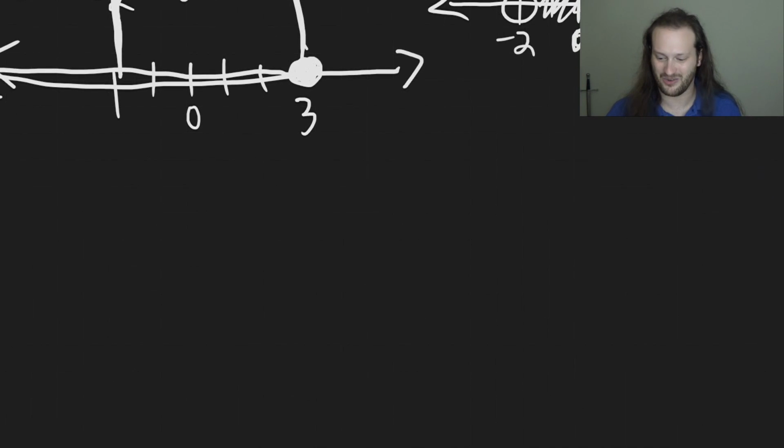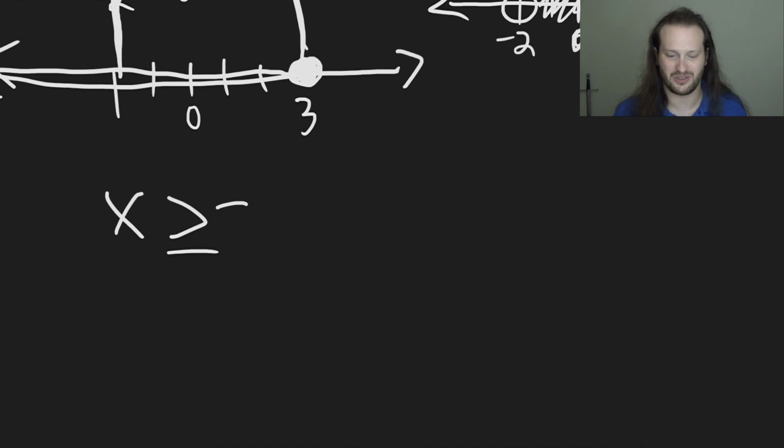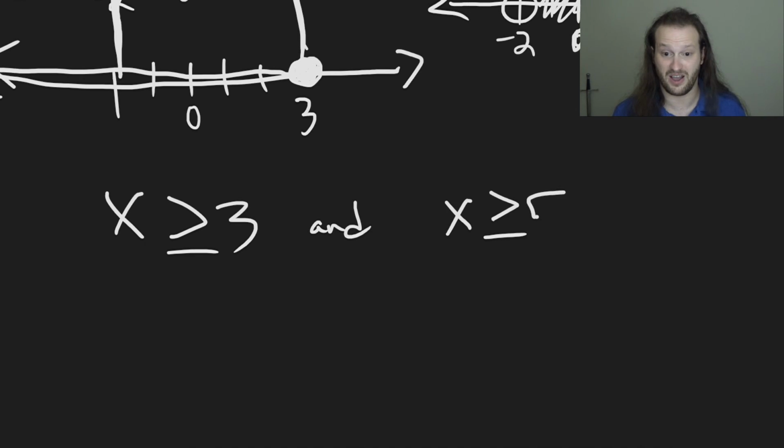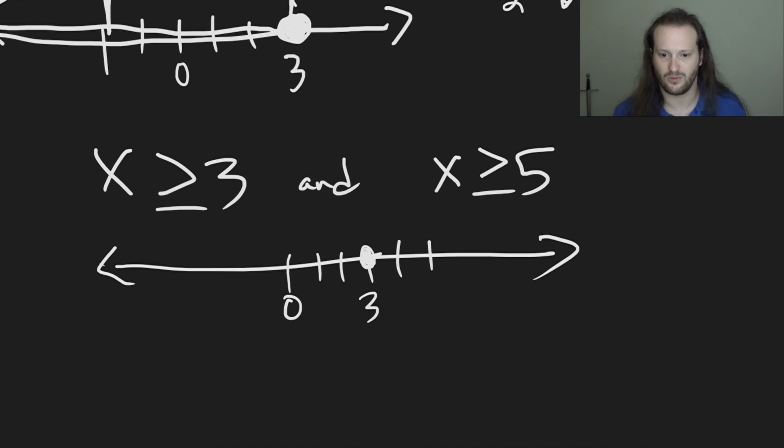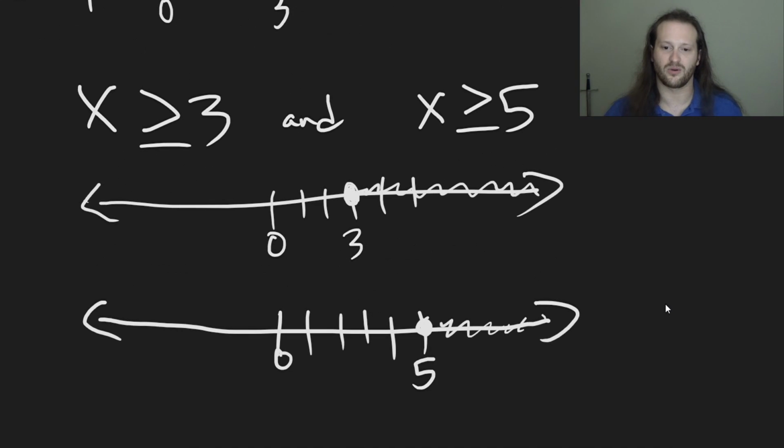And it's awkward because it'll be something like x is greater than or equal to 3, and x is also greater than or equal to 5. Here's 3. And then here we're looking for the overlap between this one here and this one here.